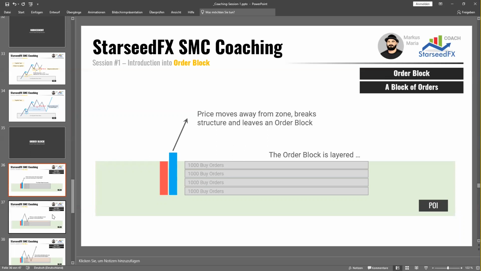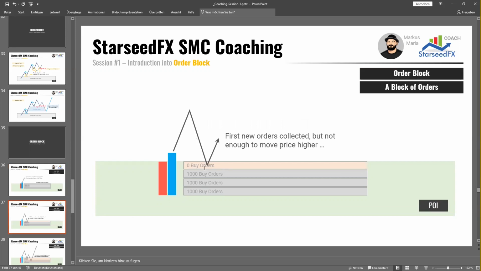And what you can see here is that the price moved away from the order block, it comes back and mitigates it a little bit, let's say it that way. And if you consider the internal structures, of course, there are a lot of smaller order blocks as well, but let's stay with this order block. Now it comes back and collects new orders which have been waiting in this block.